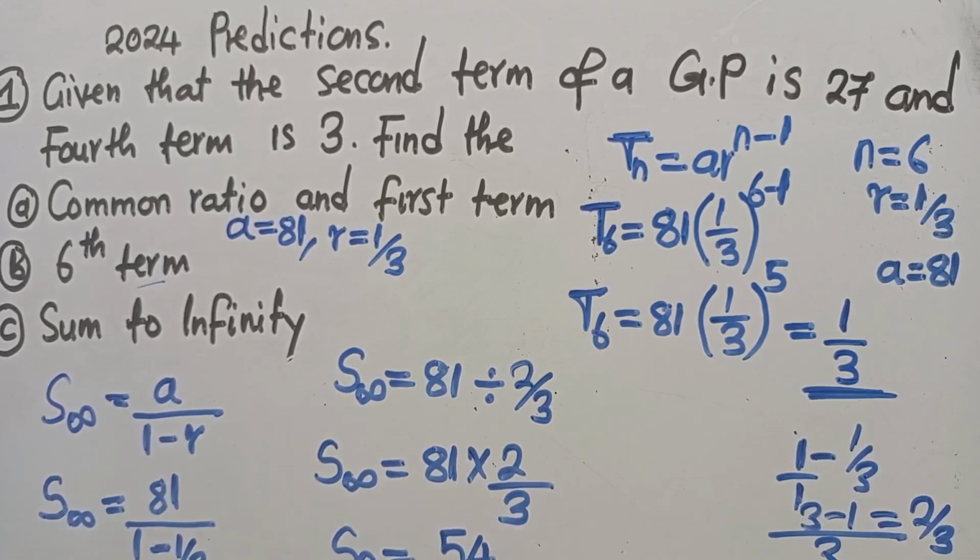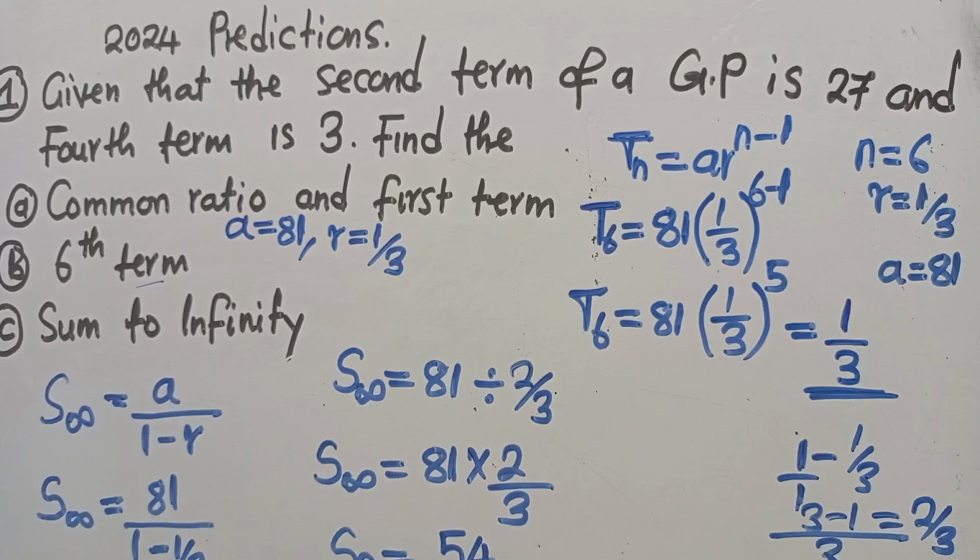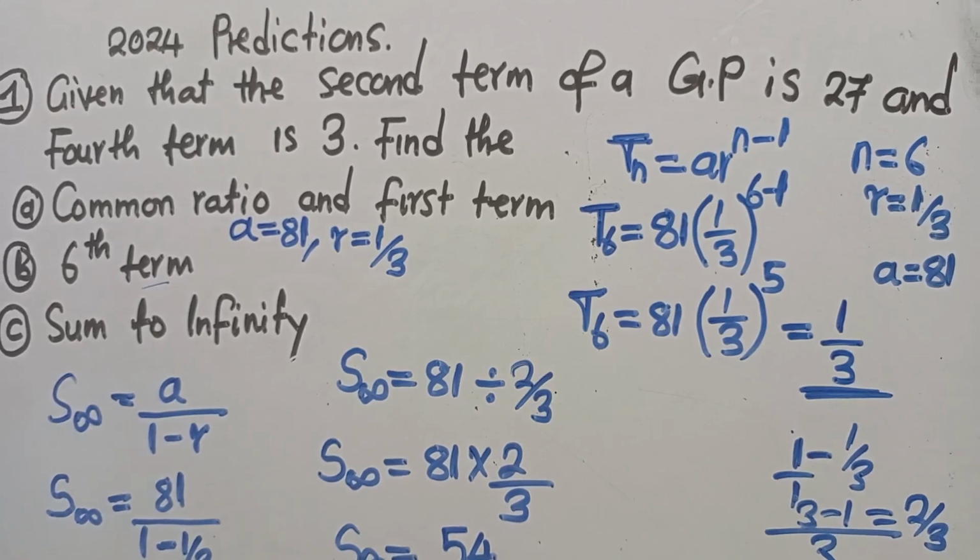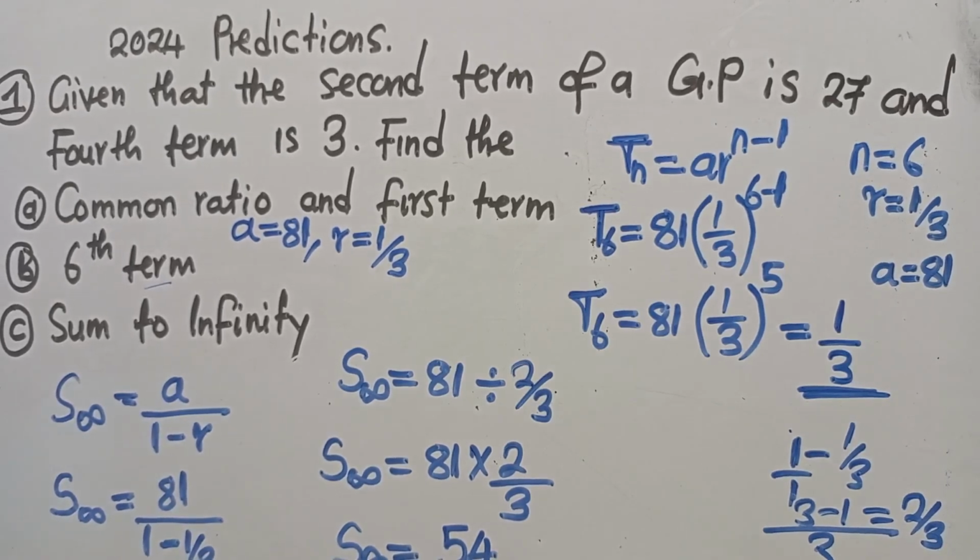This is what I need to do. You can go through this work and confirm with me that these are the answers I'm getting. These are some things that you need to understand. So this is all about geometric progression.